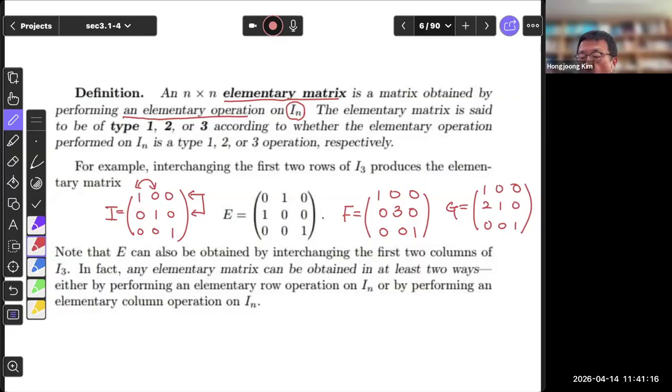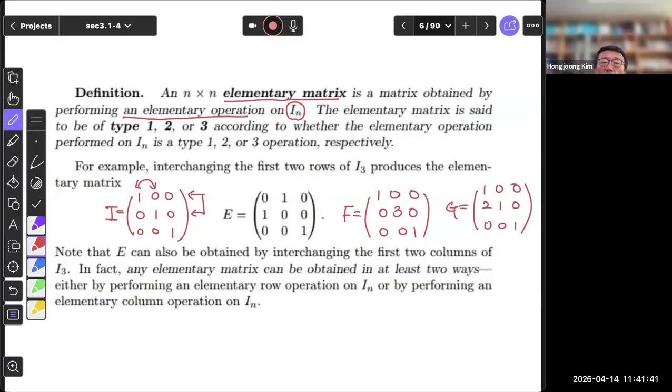Or you may say you multiply 2 to the second column and add it to the first column. So depending on the viewpoint, you can consider these E, F, G as elementary matrices of type 1 to 3, corresponding to certain row operations or certain column operations.